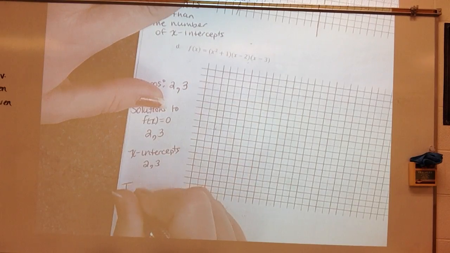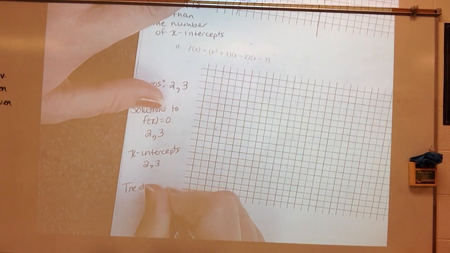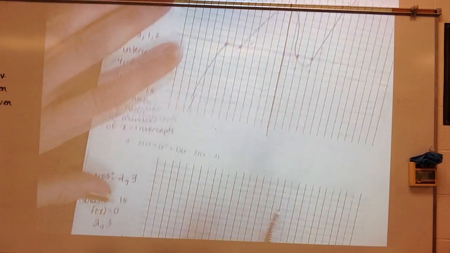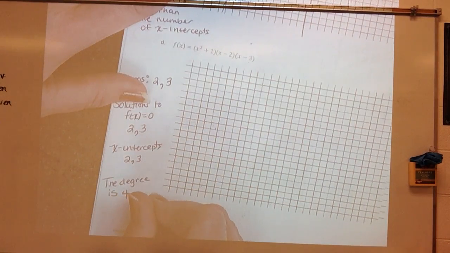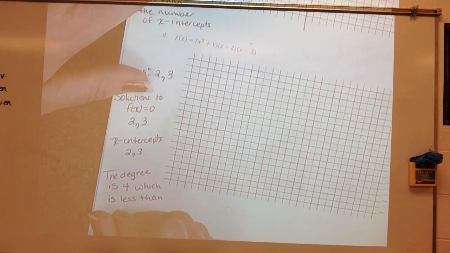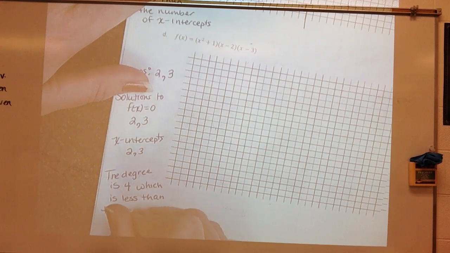And then the degree is 2, 3, 4, which is less than the number of x-intercepts.